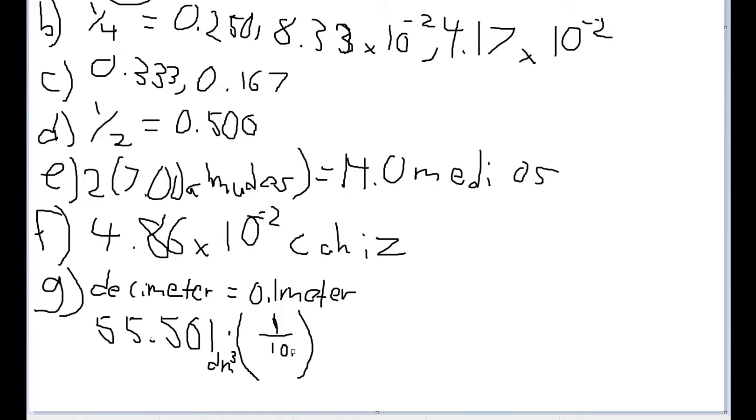Right. So to cube our units properly, I'm just going to add a little cube at the top here, and multiply by each other. And the answer we get, converting into cubic meters, is 0.05551 meters cubed.